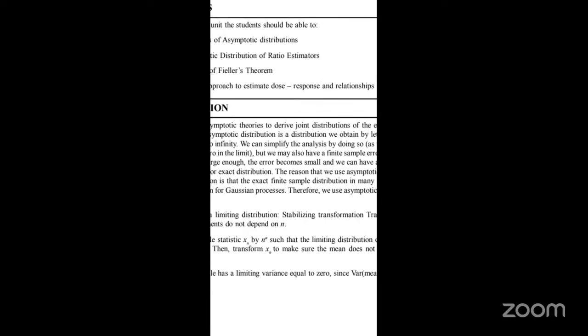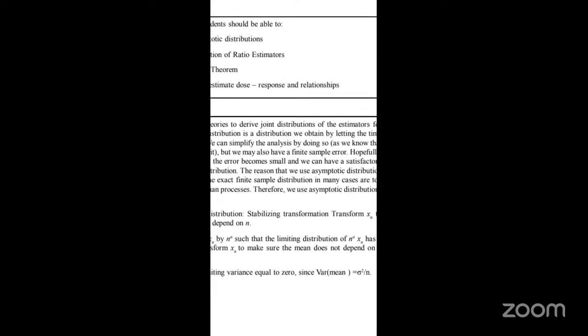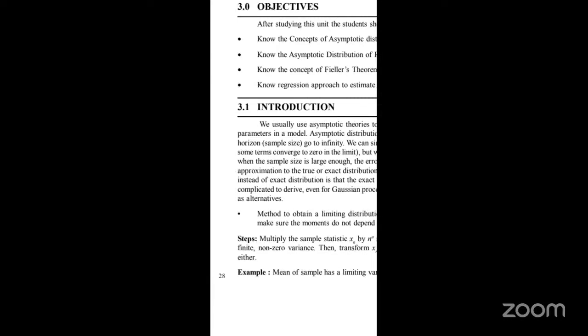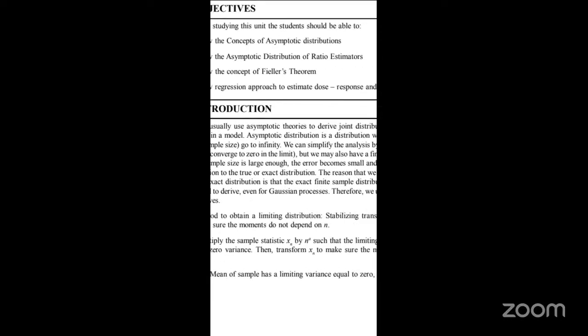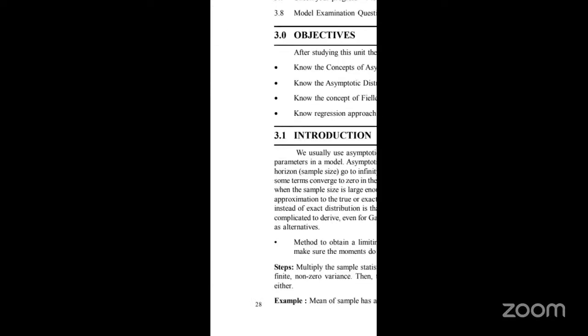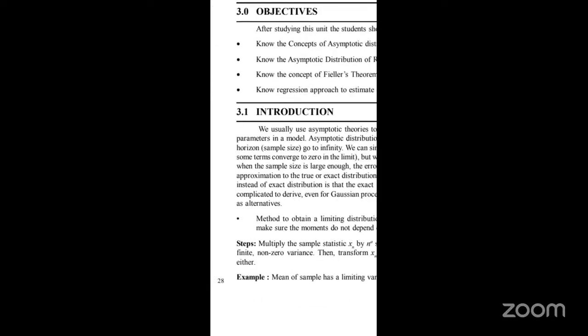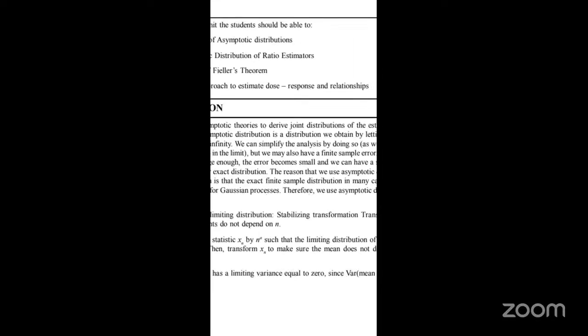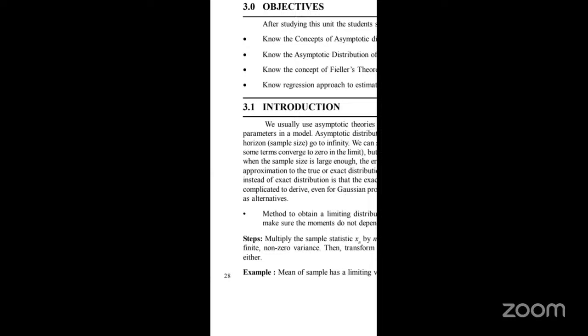The reason we use asymptotic distributions instead of exact distributions is that the exact finite sample distribution is in many cases too complicated to derive, even for a Gaussian process. Therefore, we use asymptotic distributions as alternatives.